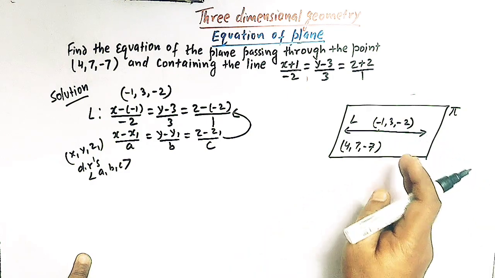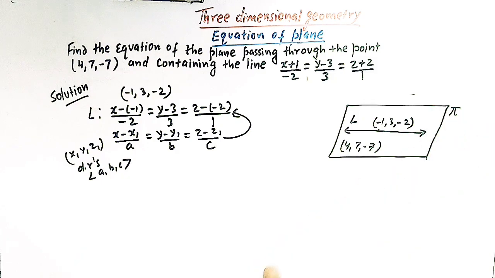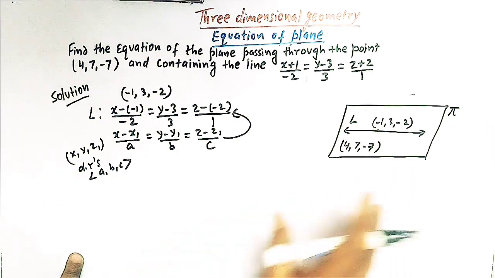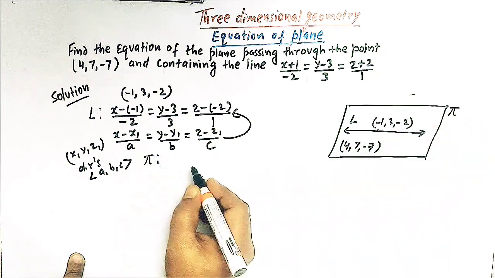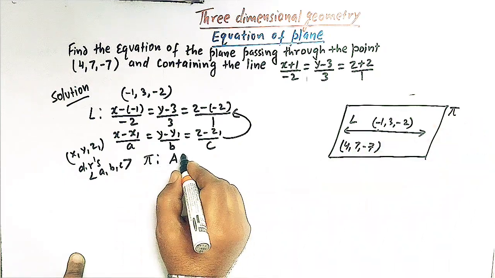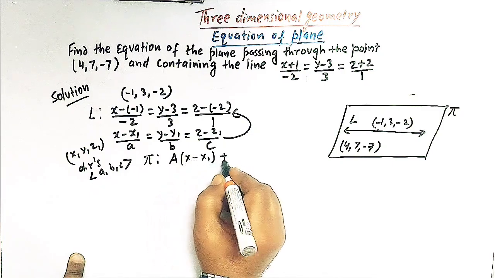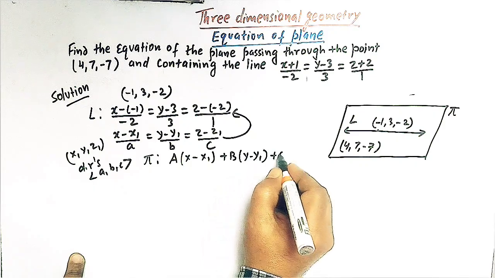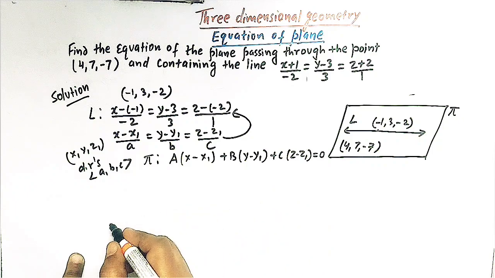So now we have 2 points lying on this plane pi. So now we can easily write the equation of the plane pi like this, that is A times (x minus x1) plus B times (y minus y1) plus C times (z minus z1) is equal to 0.